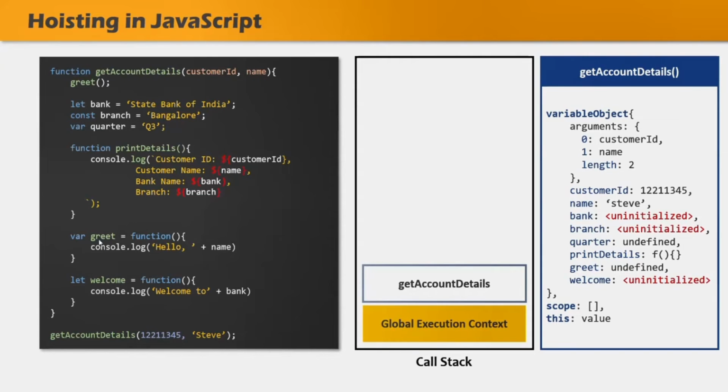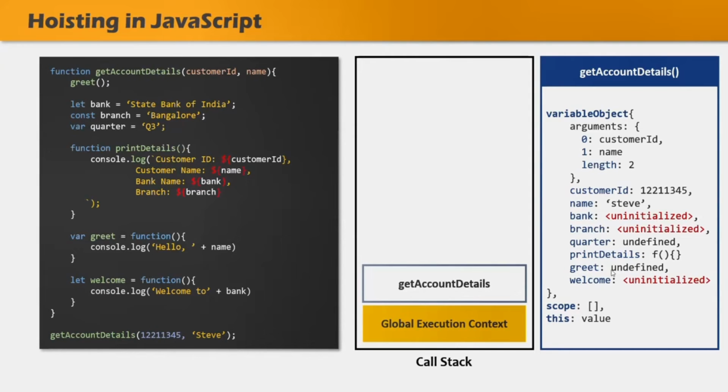So greet is a variable which we have created using the var keyword, and to that variable we have assigned a function. So during the creation phase, when this greet property is created in the variable object, what is it storing? It is storing the value undefined. It is not storing any function pointer.